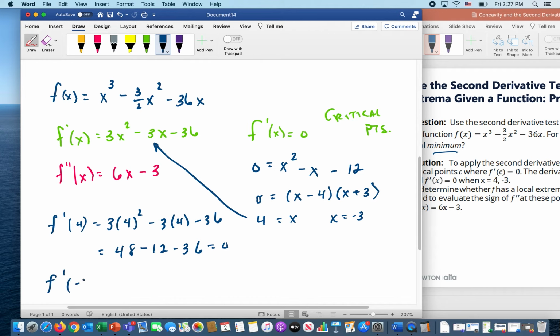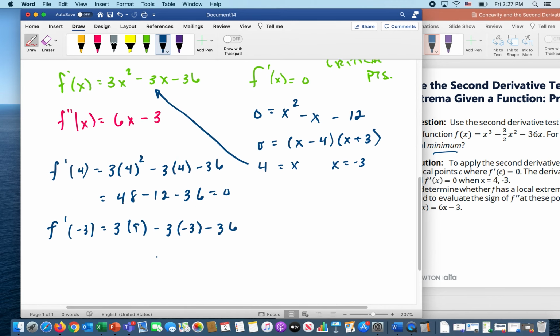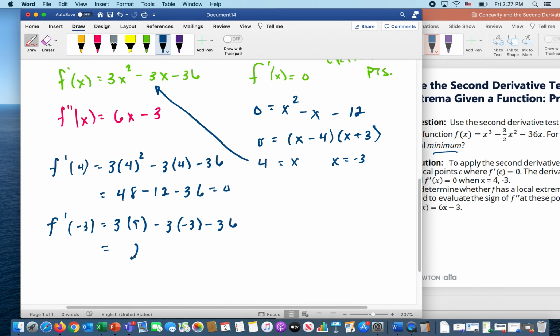These just happen to be two of the problems where we do. f prime of negative 3 is going to be 3 times 9 minus 3 times negative 3 minus 36. So we're going to have 27 plus 9 minus 36, and again, we get 0 there.